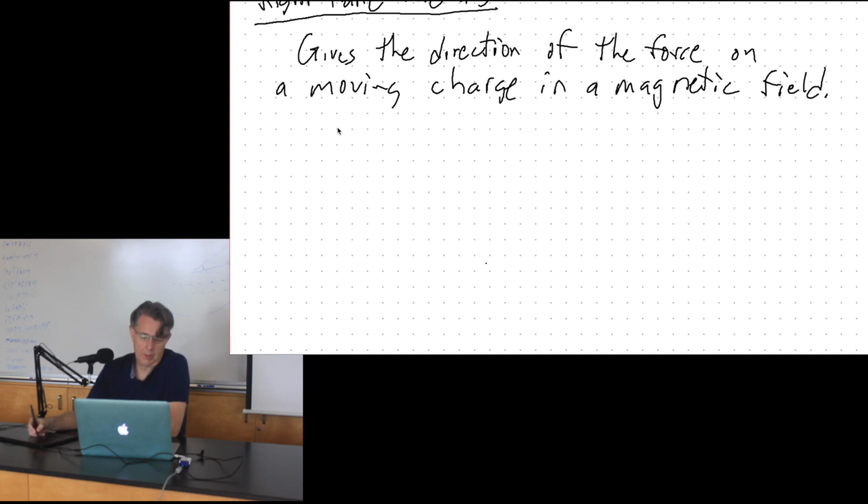So here it is. If you have a charge which is moving, say, that way, and the magnetic field is that way, I'll label that as B and V. It matters whether the moving charge is positive or negative.